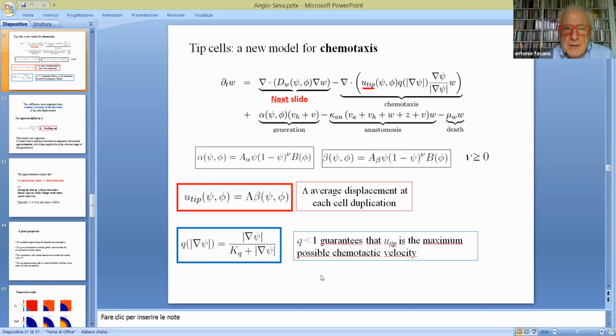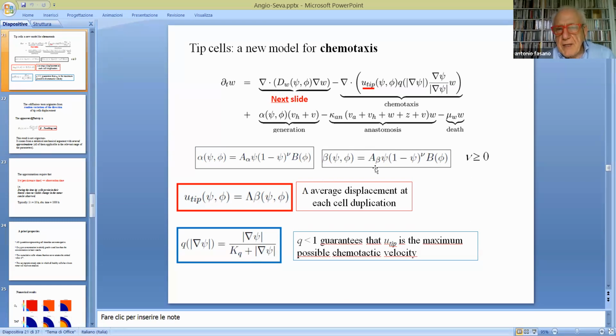So the maximum velocity they can have is this U tip, which is a product of the average displacement at the cell duplication, which is basically the size of the cell itself, times the proliferation rate. Beta is the proliferation rate.